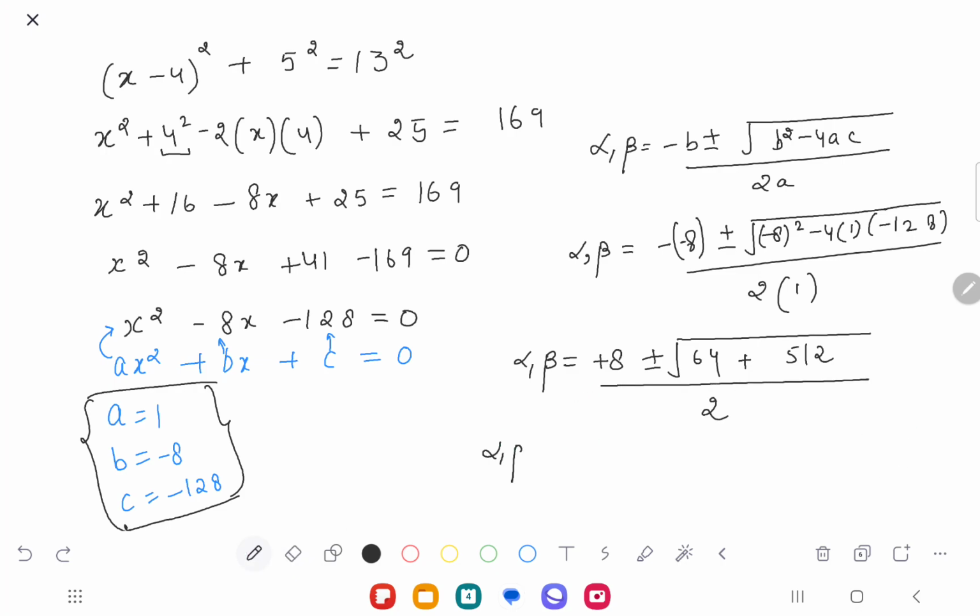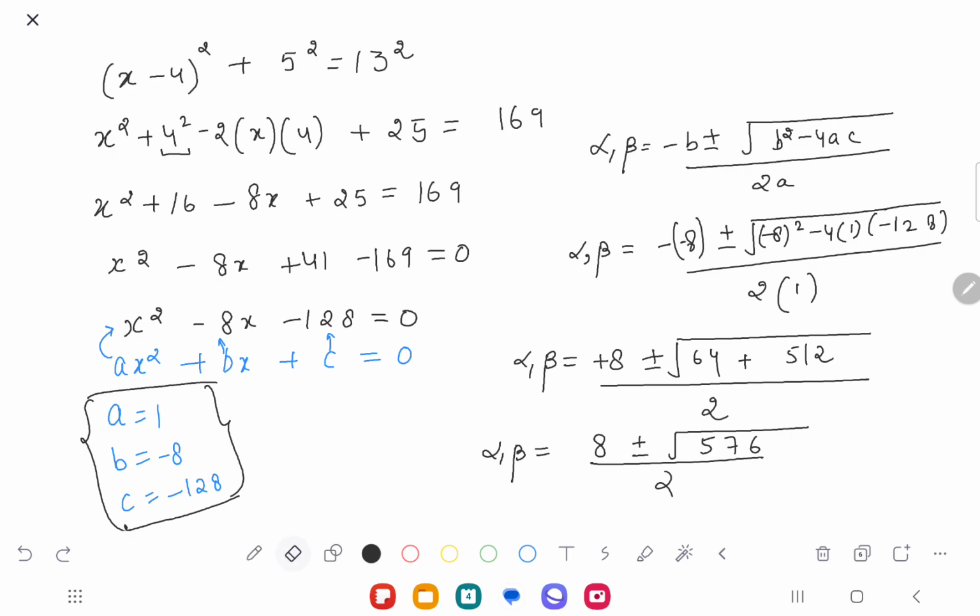So we have alpha comma beta equals 8 plus minus under root of 512 plus 64, so you have 576, over 2.